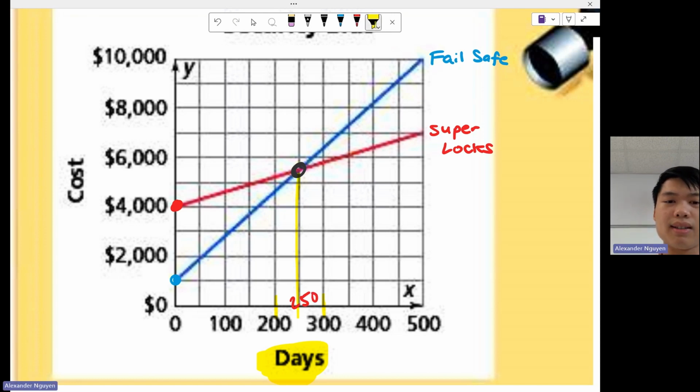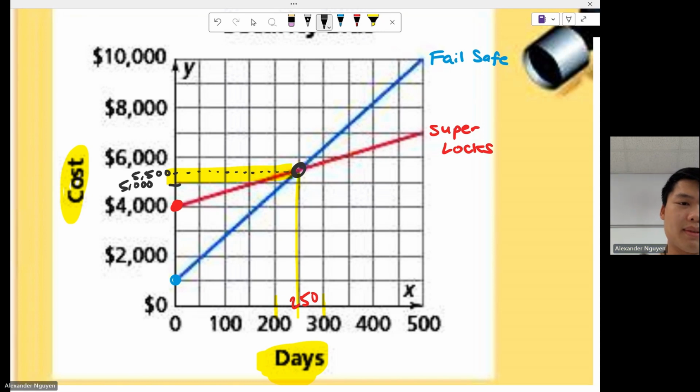And let's see if we can find the cost of that. The cost is on our y-axis. Okay, that's why it's labeled that way. Our cost looks to be about, well, if this one's 5,000, then right up here should be maybe 5,500.